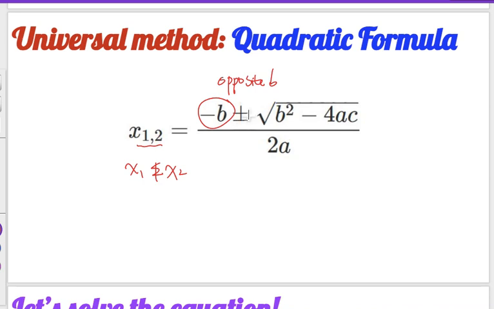Plus or minus, meaning one is the plus solution, the other one is the minus. Square root of B squared minus 4AC, all divided by 2A. As you can see, in this formula we have A, B, and C, which are the coefficients of those terms in standard form. So the most important step in using the quadratic formula is to identify A, B, and C.